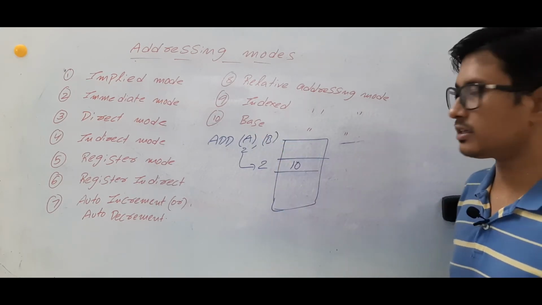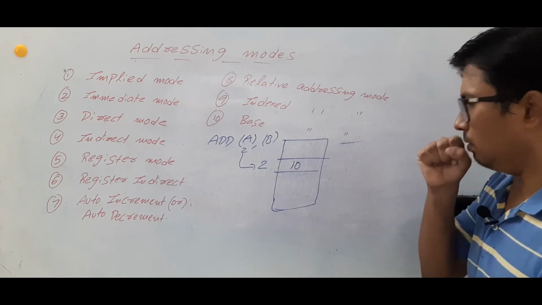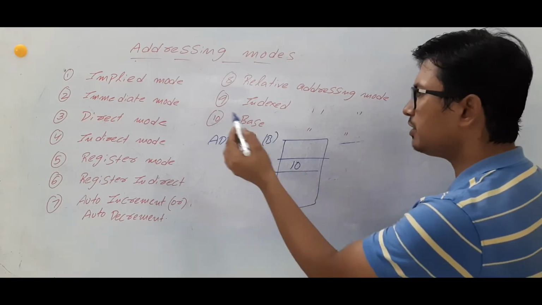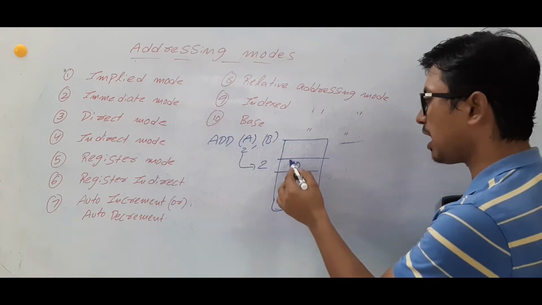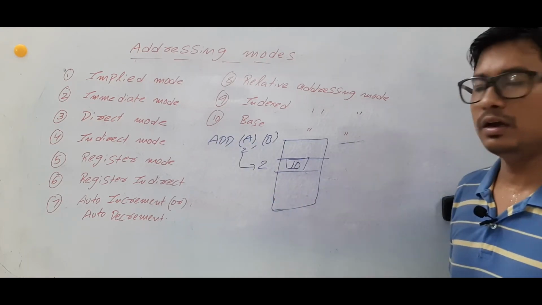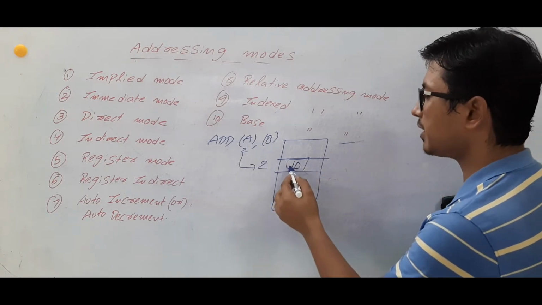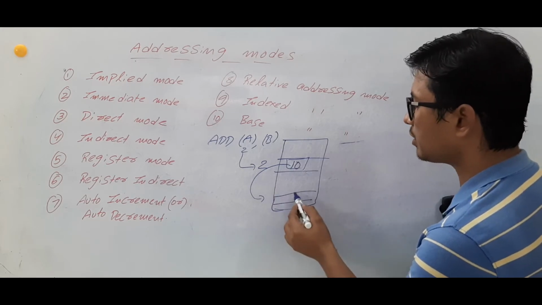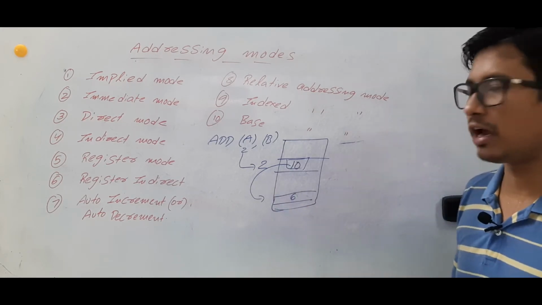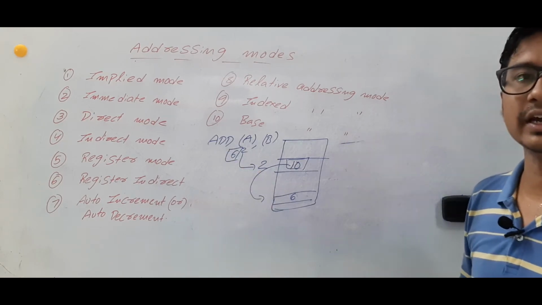Previously, in the direct addressing mode, you would have fetched the value 10 and performed the execution. But here the value 10 is not the actual value. It is the address of the operand A. So you will go to the address location 10, whatever the value is there. Let's take that it has the value 6. So 6 will come here. So it is an indirect addressing mode.